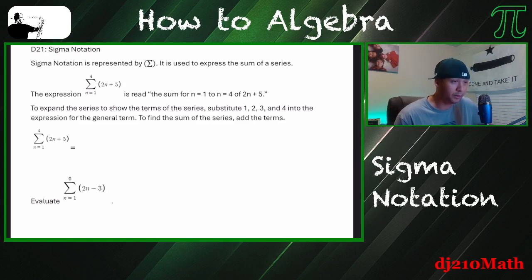And we use it in math to represent a series. If you think of what a series is, a series is just a sequence of numbers, and every term is being added. So something is being added to the next thing, which is being added to the next thing, right? So there's an order that's happening.